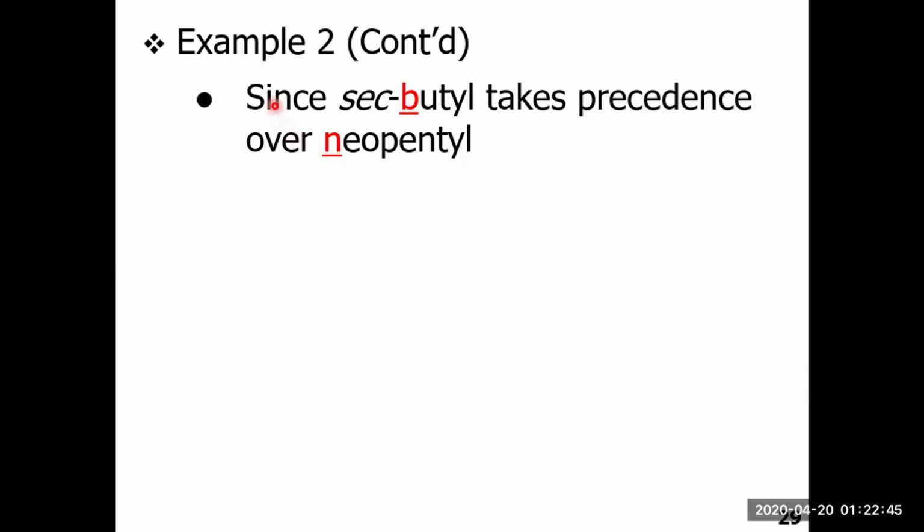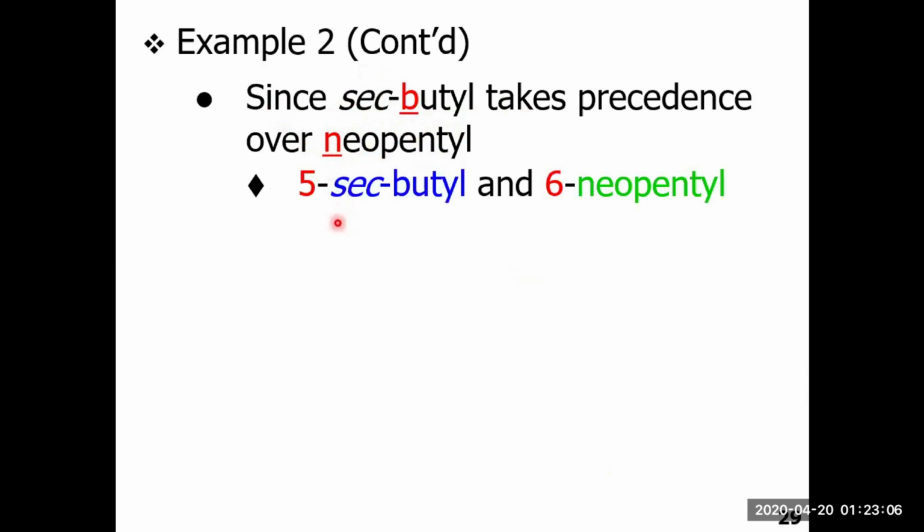If we have sec-butyl, we actually refer to the butyl, not the sec, during alphabetization. However, if we have neopentyl, alphabetization starts with the letter N. This means that it is 5-sec-butyl and 6-neopentyl.